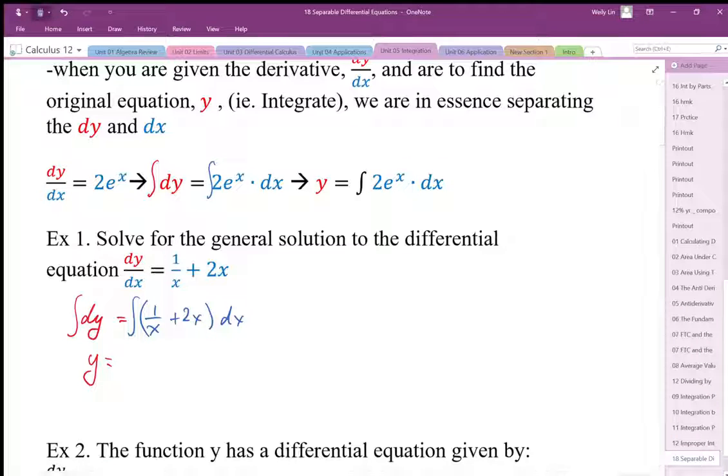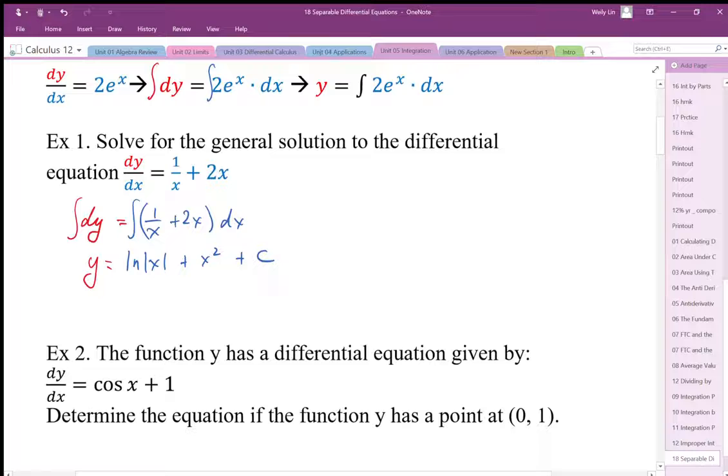And that becomes log x plus x squared plus c. So there's my general solution to this differential equation. This slope equation comes from this original antiderivative function. So that's just a more formal process of what we've been doing already.